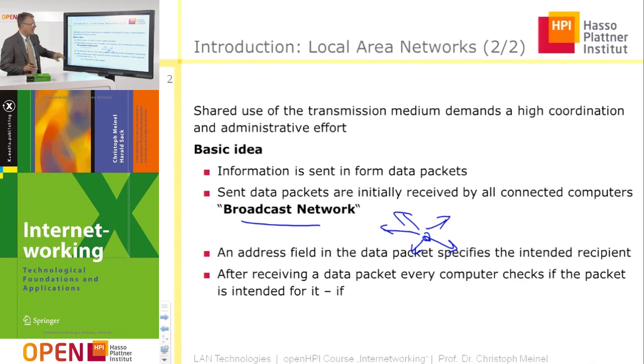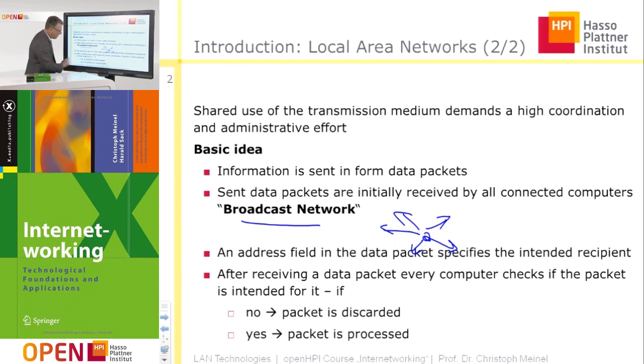They check the receiver address of the packet. If this receiver address does not fit their own address, then the packet is discarded. If the address fits, then the packet is processed, which means it is handed over to the operating system and to the corresponding application.